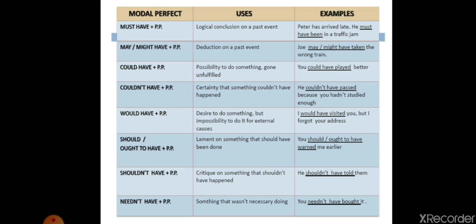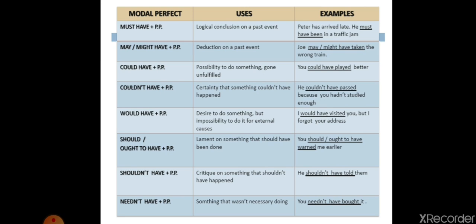So this shows certainty that something couldn't have happened. Now, would have plus past participle. I would have visited you, but I forgot your address. So this shows the desire to do something, but impossibility to do it for external causes.